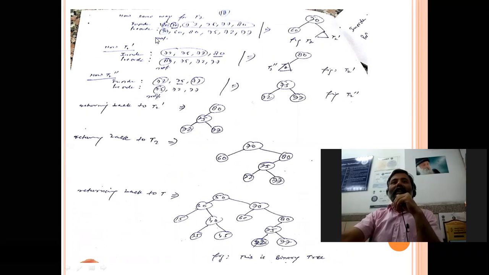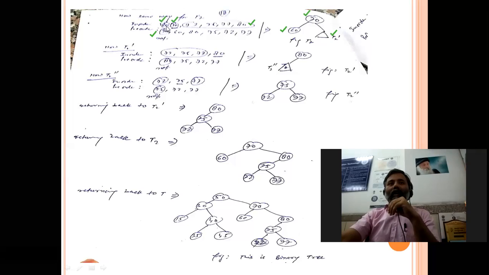So this 70 will become the root node of T2. Again, take this 70 in the in-order traversing. We can see that before 70 we have only one node, that is 60, so definitely it will become the left child. And after that it will become the right subtree. Suppose we assume T2 dash, so this will be the in-order traversing of T2 dash.